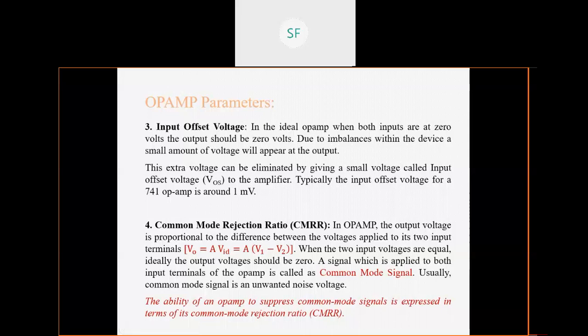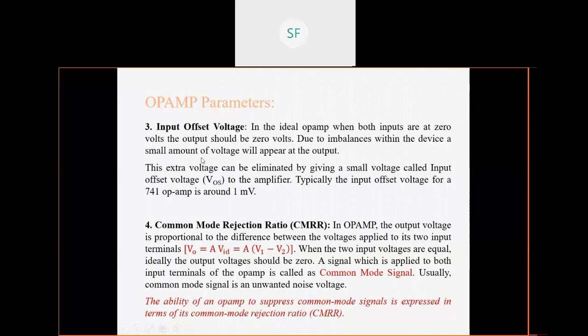But due to imbalances within the device, a very small voltage will appear at the output even though you are giving 0 input.